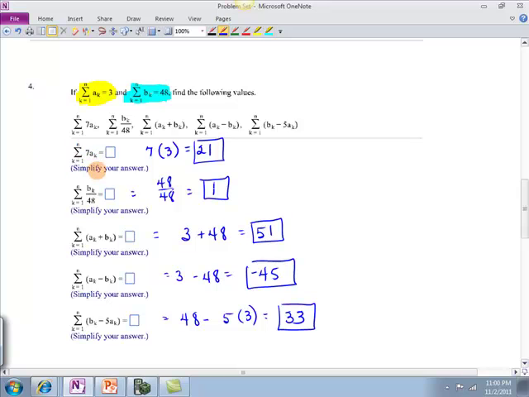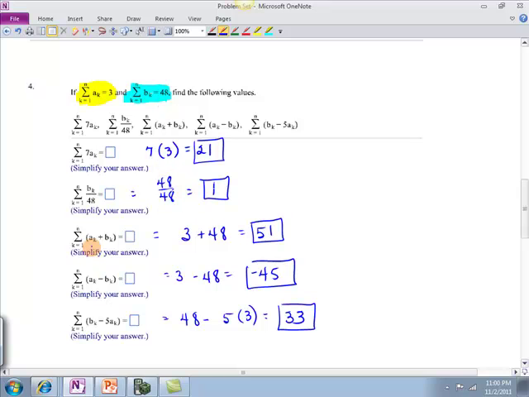So if I have this one, 7 times that, we've got a sub k, so we know we are here. 7 times that value, 7 times 3 is 21. On this one, we're looking at b sub k, and it's being divided by 48. So 48 divided by 48 is 1.